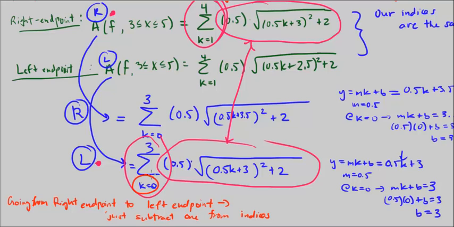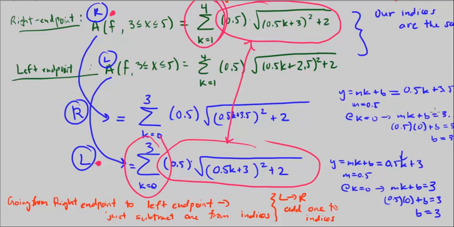Subtract 1 from the start and from the stop, and you have the same thing. You could also go from left to right endpoint, and then you just add 1 to the indices.